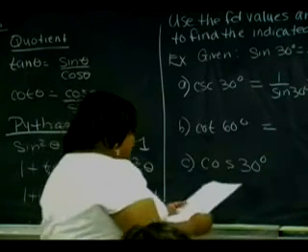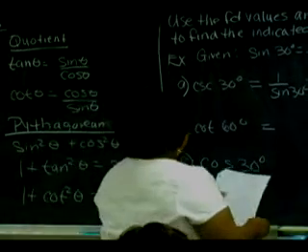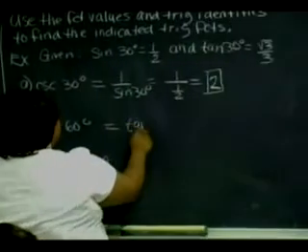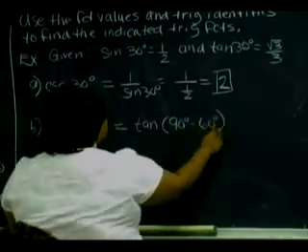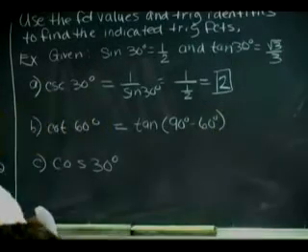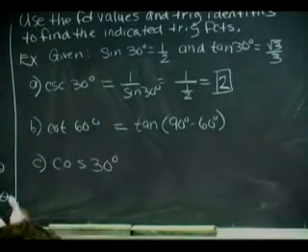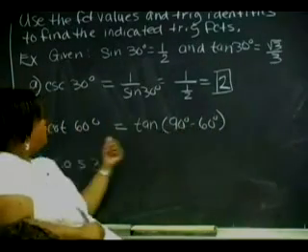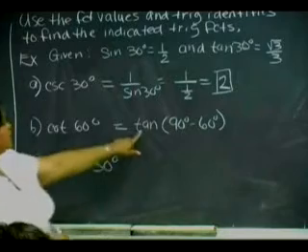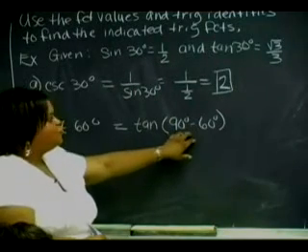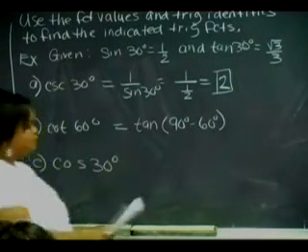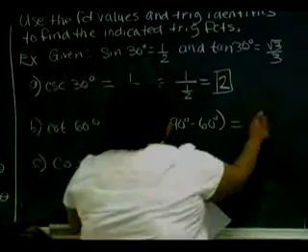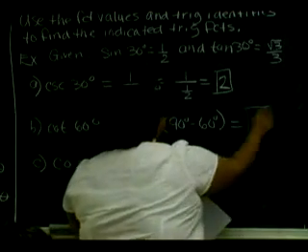So, cotangent 60 degrees, I can think about this as tangent of what? 90 degrees minus 60 degrees, right? 90 minus theta equals cotangent theta. But this is tangent of what? 30 degrees, which is given to be what? Square root of 3 over 3.